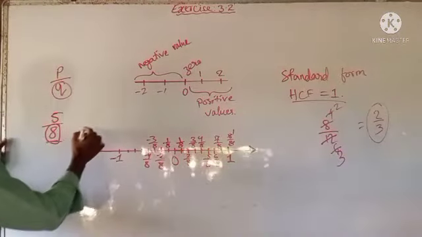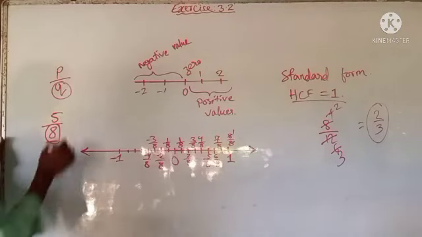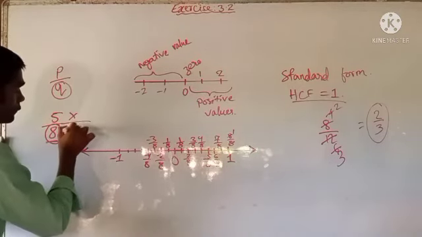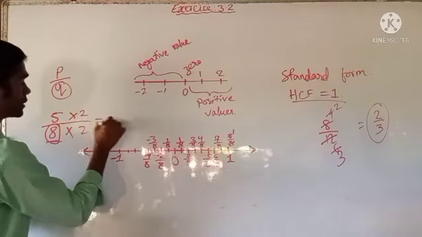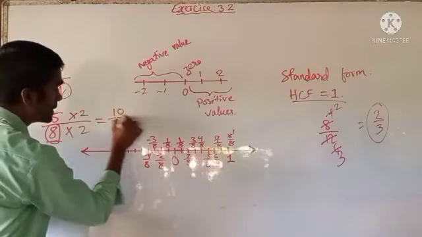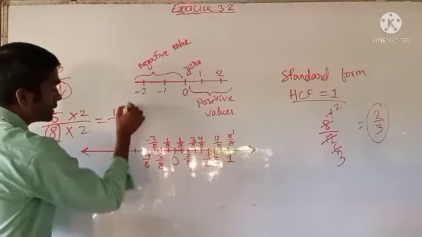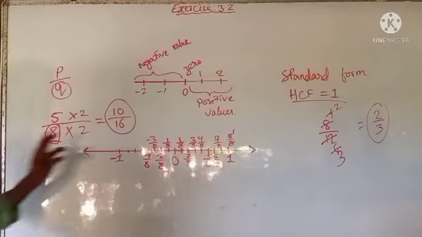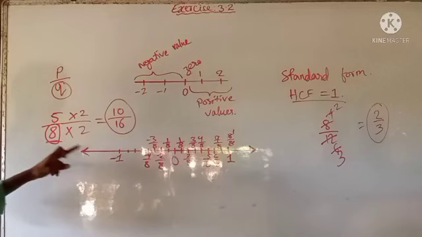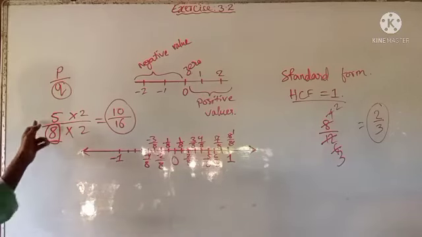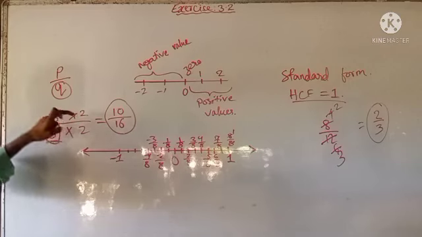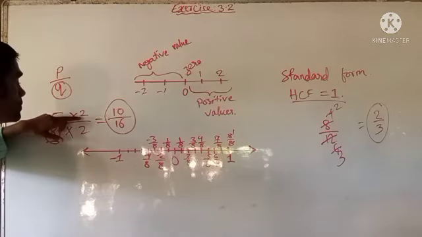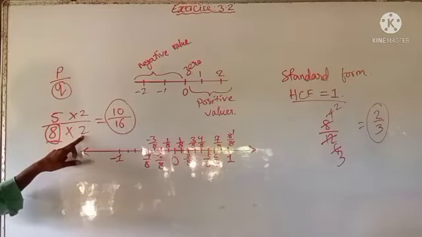Suppose I say 5 by 8. We can obtain another rational number by multiplying it by 2. 5 twos are 10, 8 twos are 16. This 10 by 16 is an equivalent rational number of 5 by 8. We can multiply it by 3 also, by 4 also, and so on. But whatever you multiply in the numerator, you will have to multiply the same in the denominator.